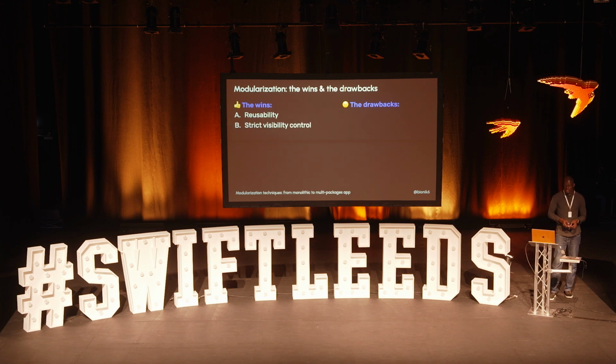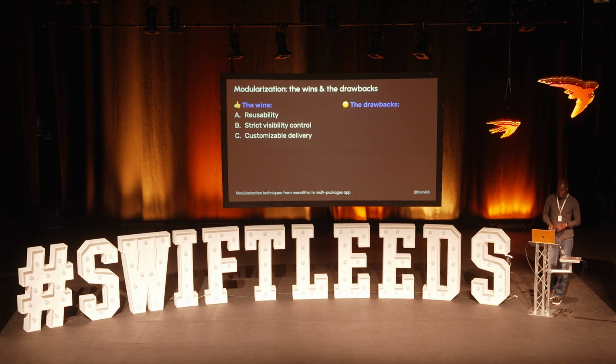It forces strict visibility control. What I mean by that is you have to think about the boundaries of your packages, right? Feature A should not talk to feature B, so you should enforce your class and struct visibility control.